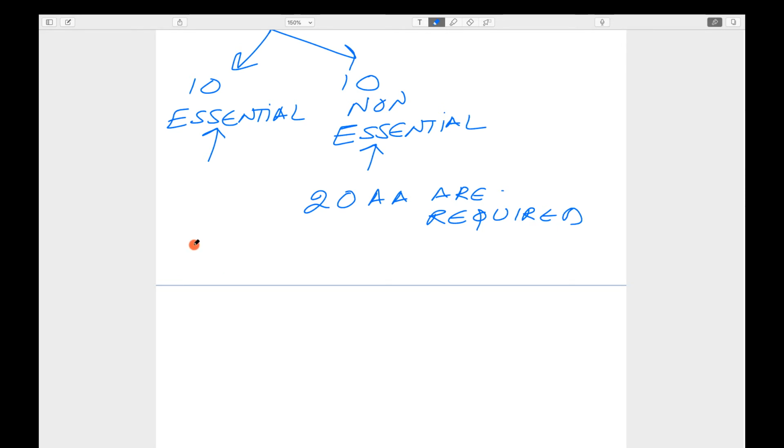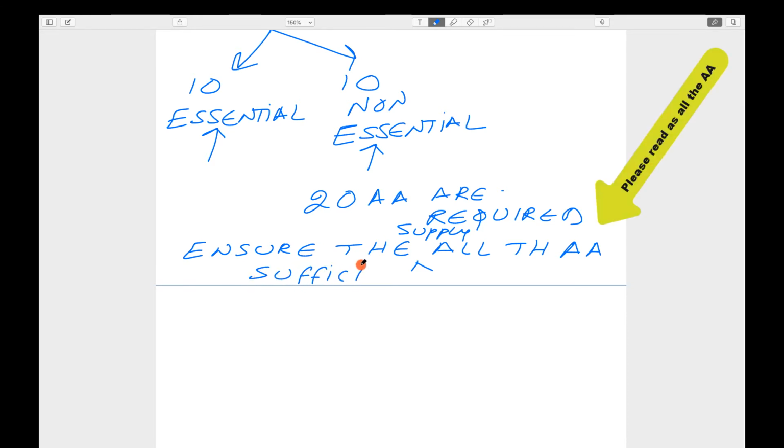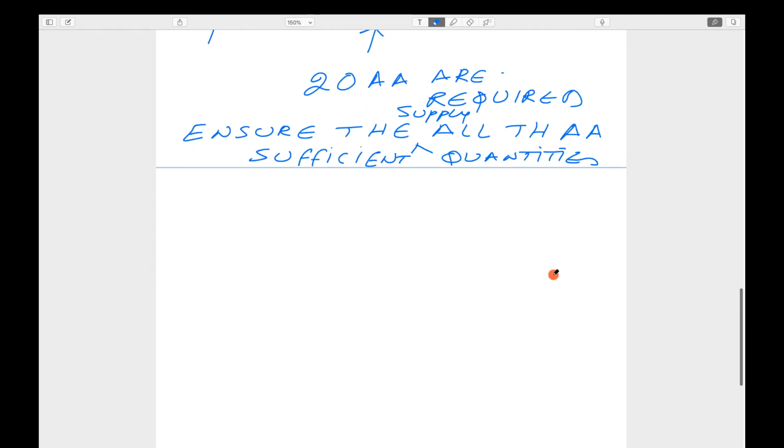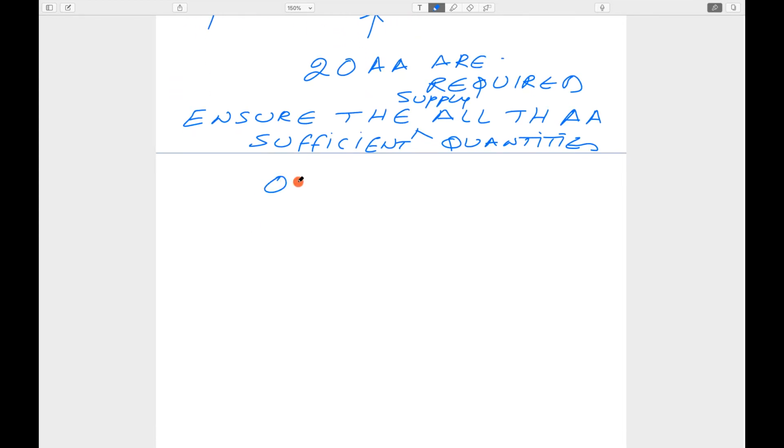So one has to ensure the supply of all the amino acids, especially those which are nutritionally essential, in sufficient quantities, so that protein synthesis takes place. Suppose one or two amino acids are deficient. If even one amino acid is deficient, will protein synthesis take place?